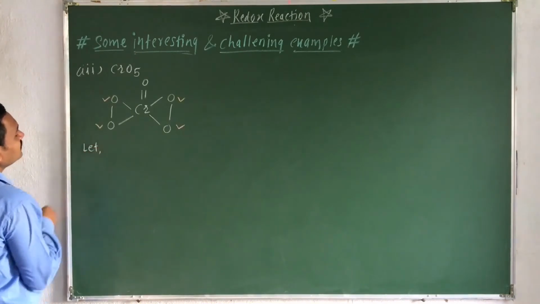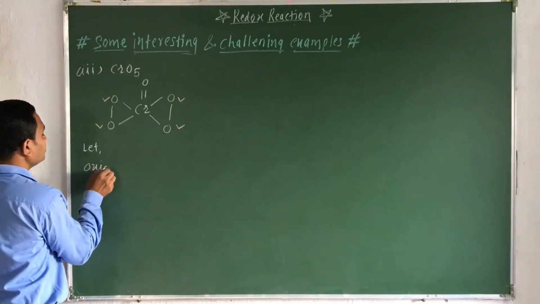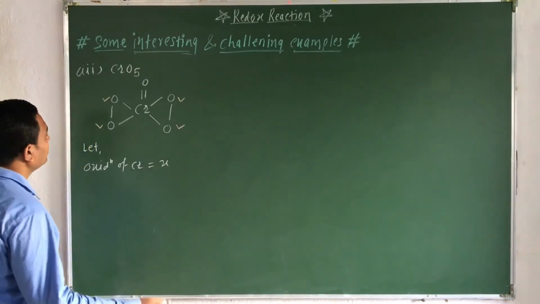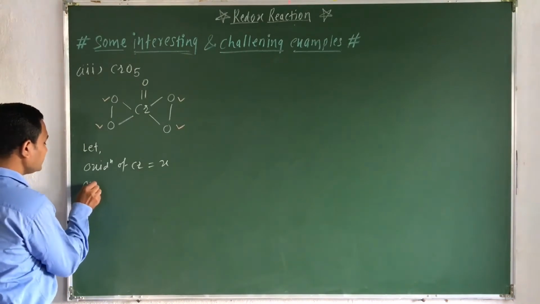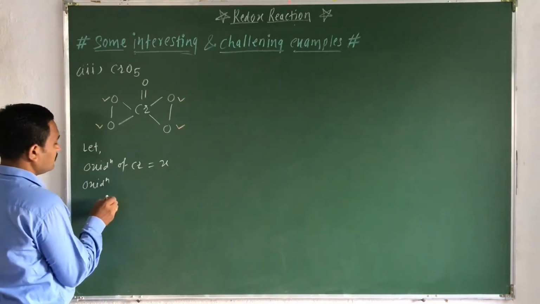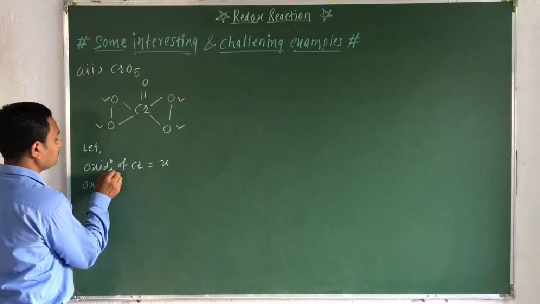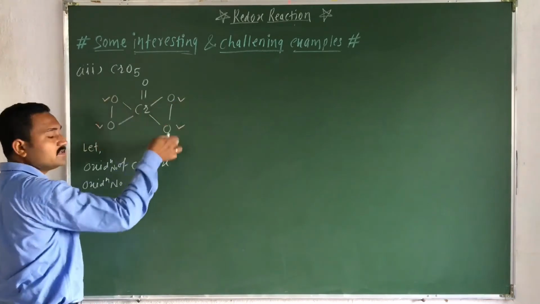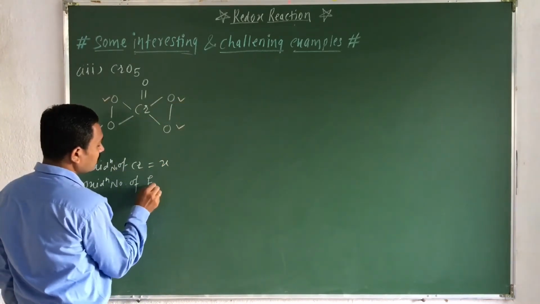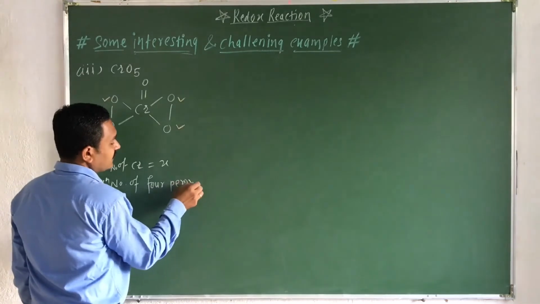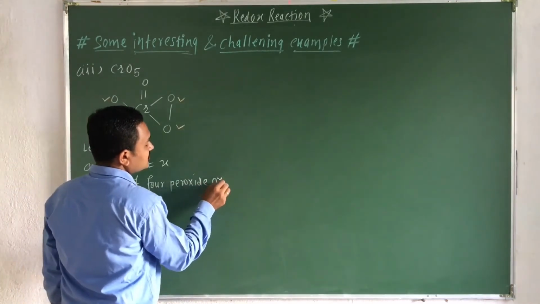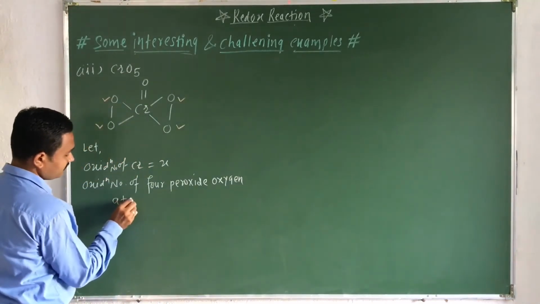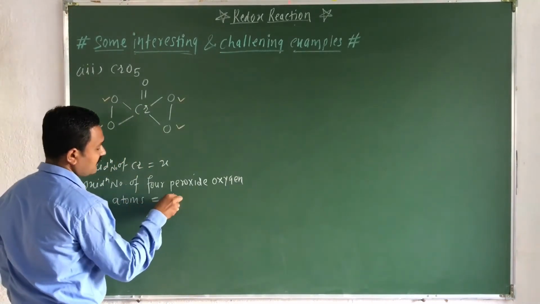So how we can find out? Let the oxidation number of chromium be equal to X. Now next, the oxidation number of how many peroxide oxygen atoms? 4 peroxide oxygen atoms will be equal to -1.